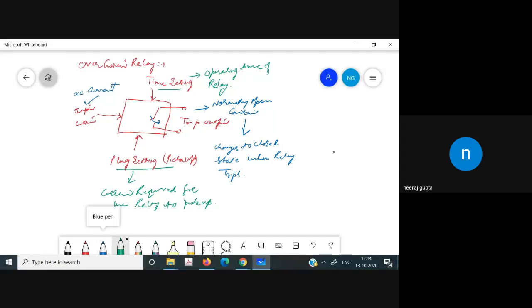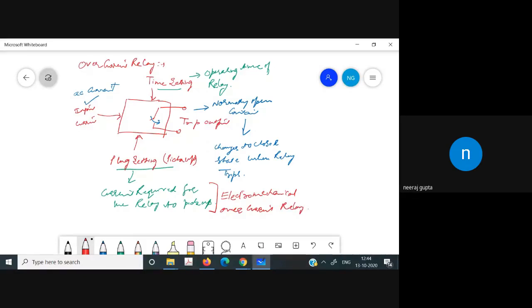Now, where did the name plug setting come from? It comes from the electromechanical overcurrent relay.